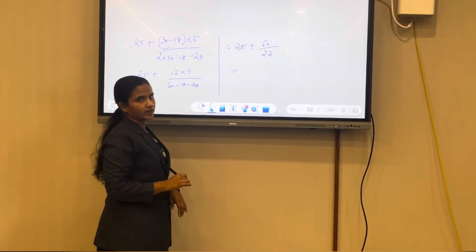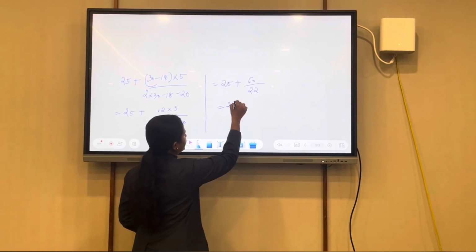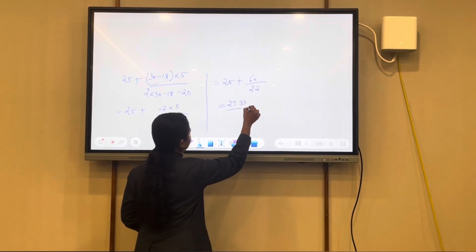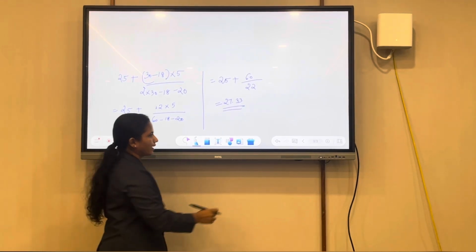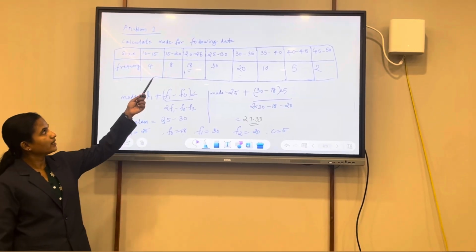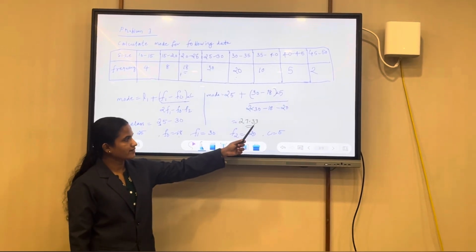And solving the equation, we get 27.33. Mode is equal to 27.33. Okay. So the mode for the following data is 27.33.